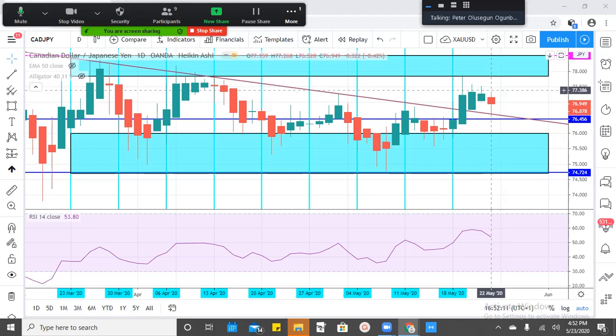I can tell you categorically that between here and here, there should be nothing less than 20 exit points, but people will not see it. Do your analysis and know where to get out. That's the most important thing. We're going to see how we know our exit and our entry point.